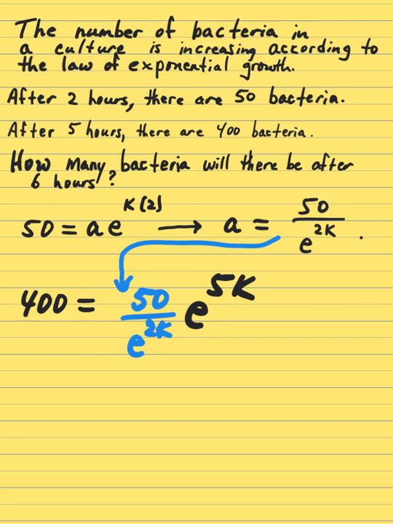Reducing, we get 400 equals 50 e to the 2k, reduces 5k to 3k. 400 divided by 50, that's 8, equals e to the 3k.